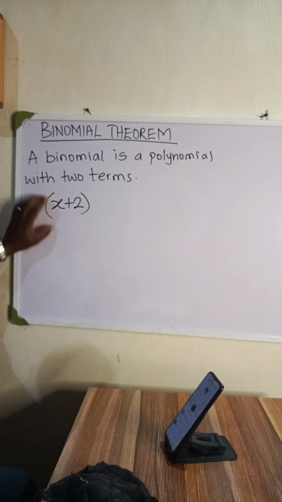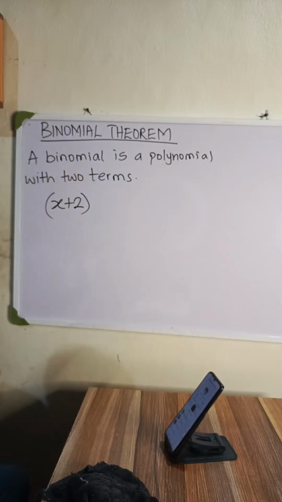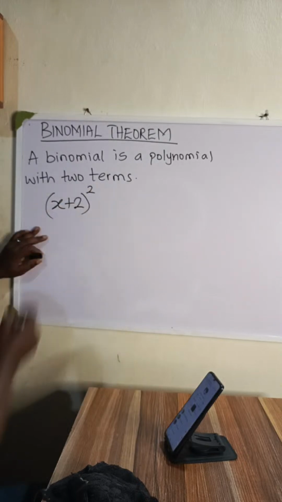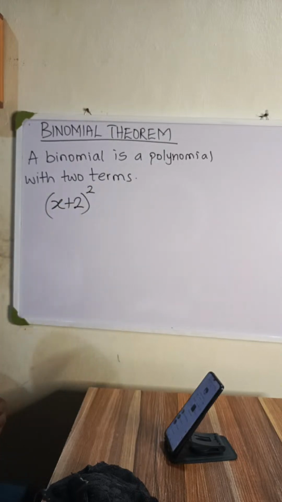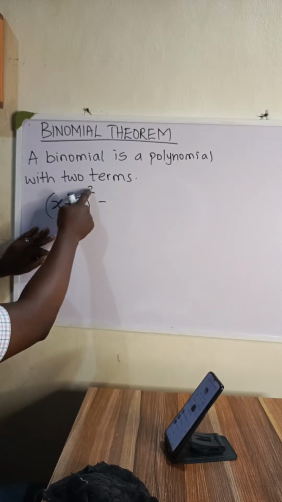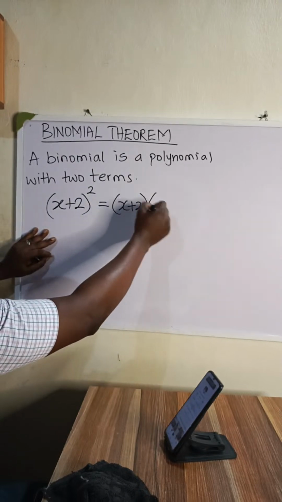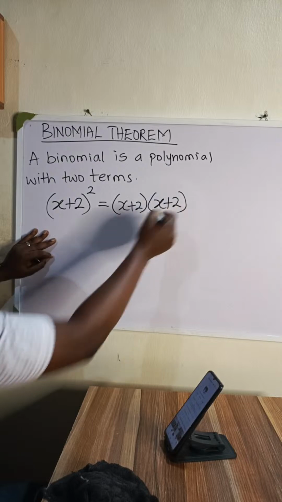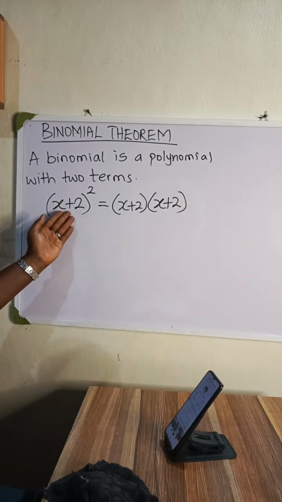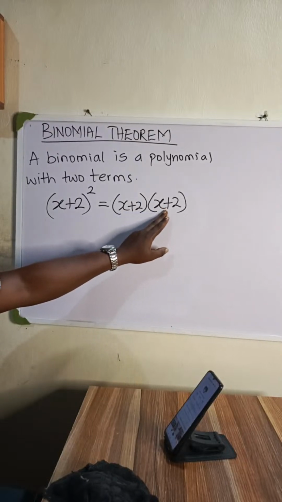So x plus 2 is a binomial. But what if we have a situation where it is multiplying itself, which is x plus 2 squared? This is x plus 2 multiplied by x plus 2, right? So if you are told to expand this, that means this is going to multiply this.